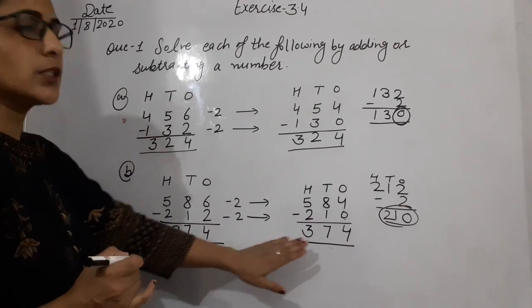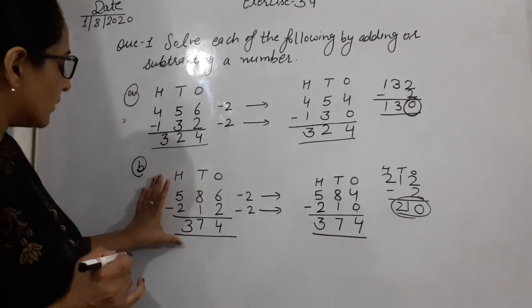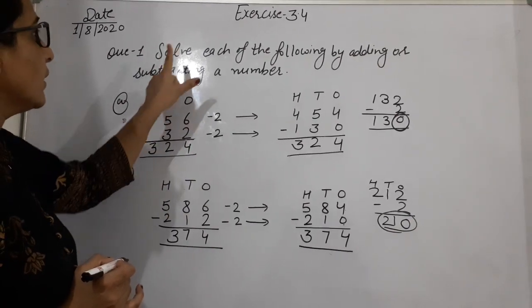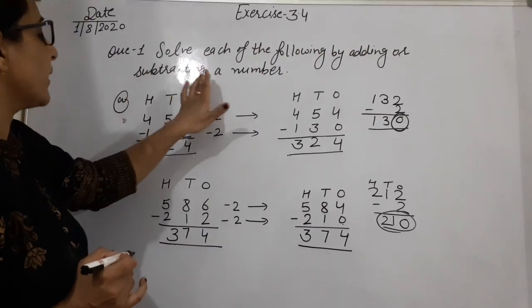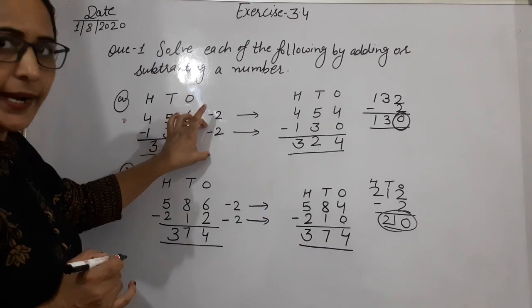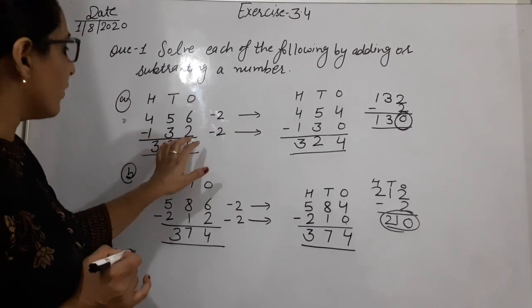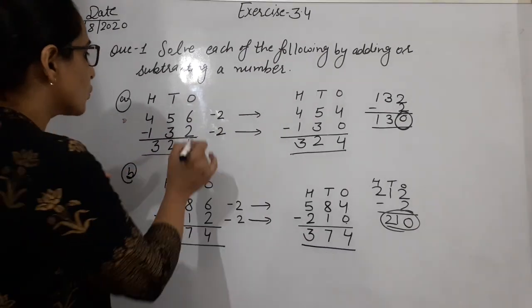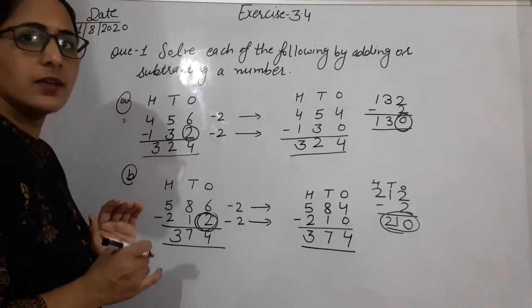It means the solution is correct. In other questions we have done subtraction like that, but in this question it is given to solve each of the following by adding, otherwise subtracting a number. You add, otherwise you subtract a number from the given number and after that you do the solution. Clear? So we convert this ones place to 0.